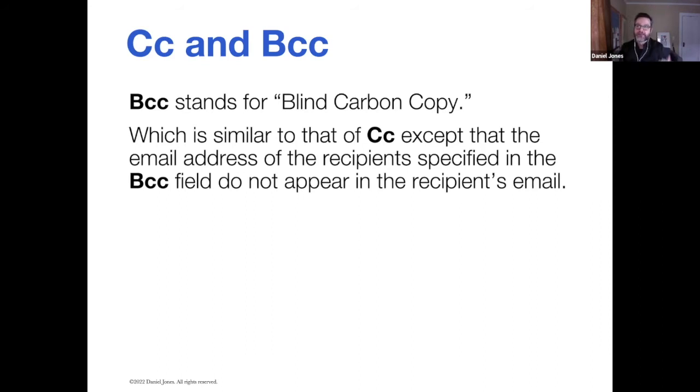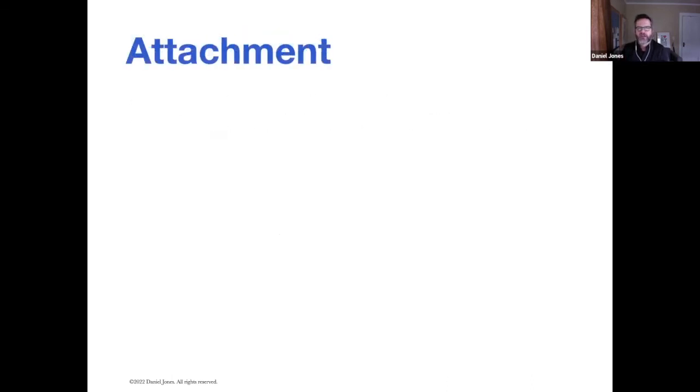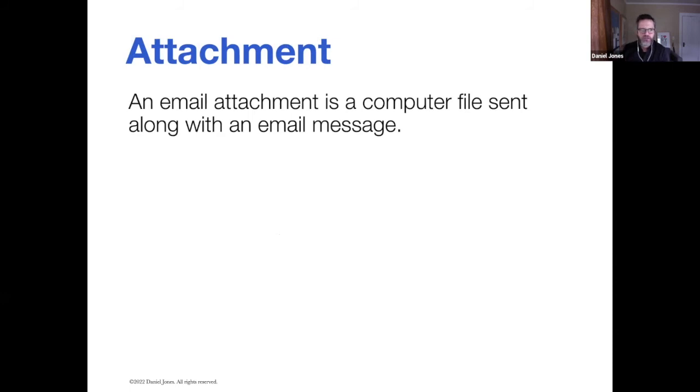It's blind to her. I've included you all, and you all get the email, but she doesn't know that you've been included because she can't see your email addresses. And I'll show you an example of this when I do a demo.